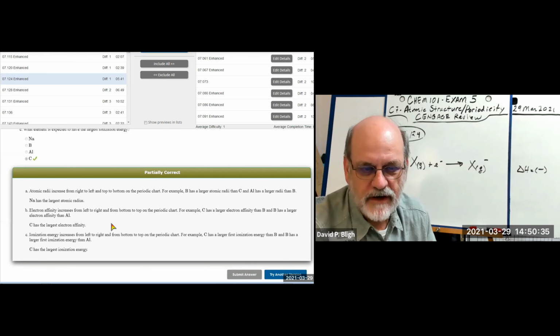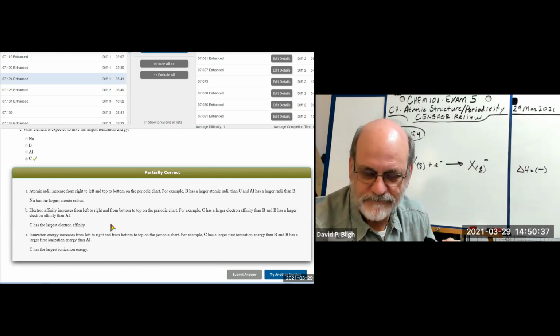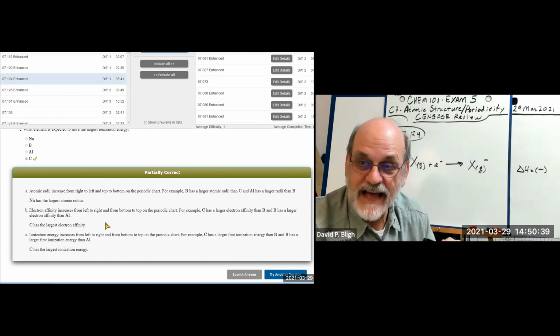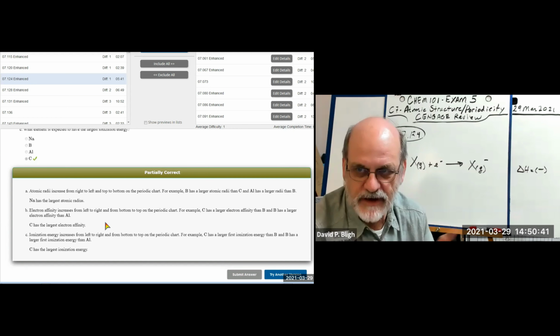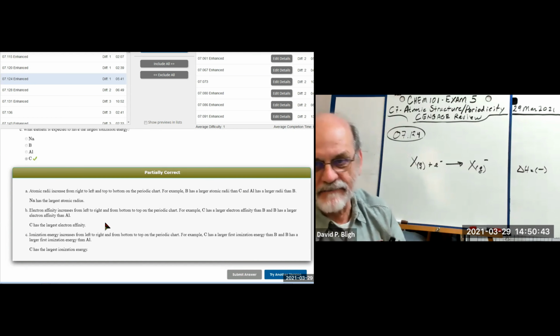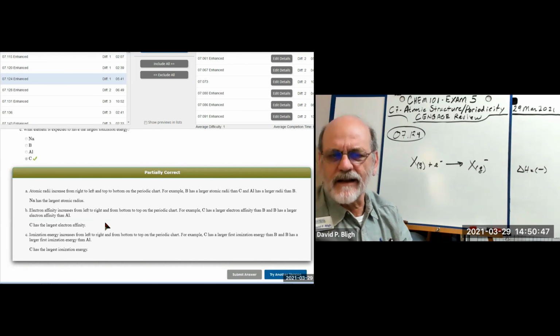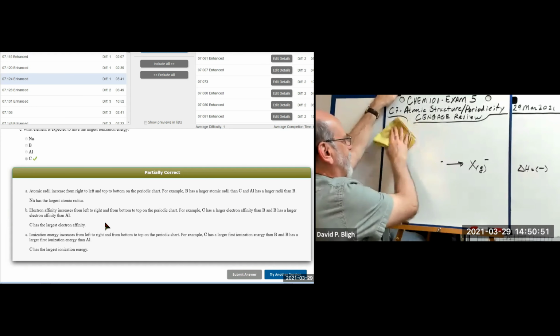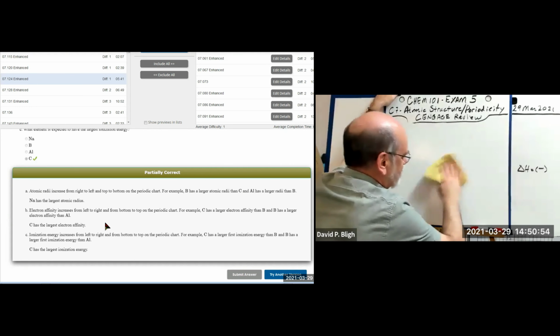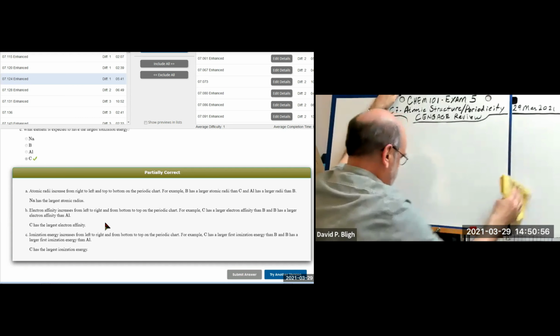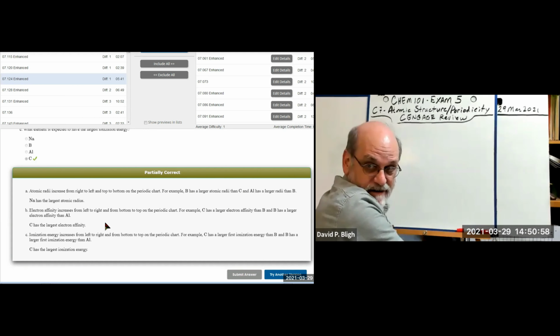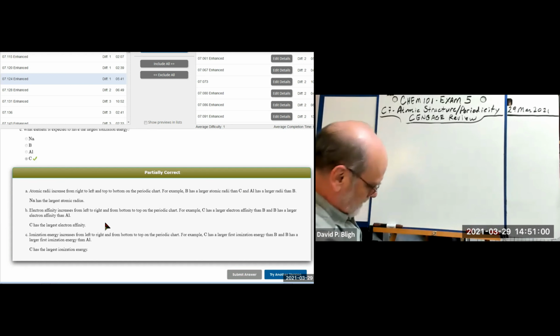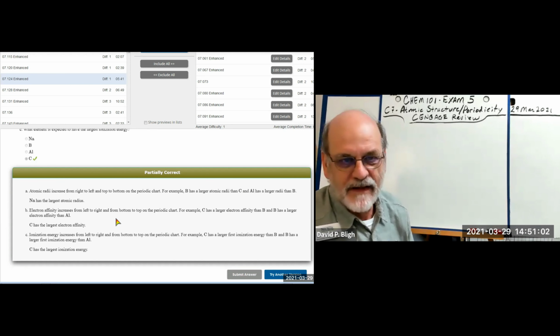Carbon has the largest electron affinity, which means it has the most negative of the numbers. See, that's a matter of interpretation. So technically I got it right. Let's move on.